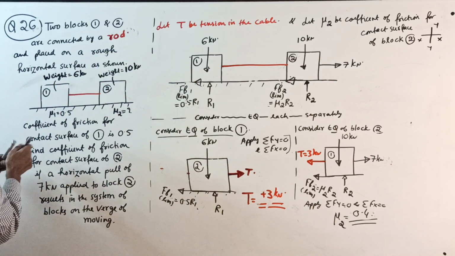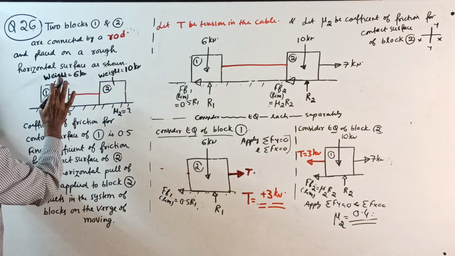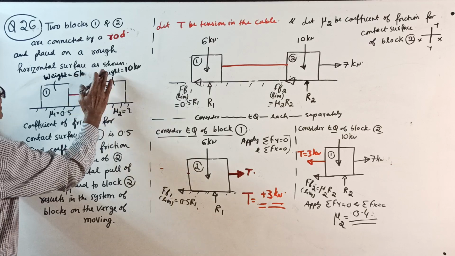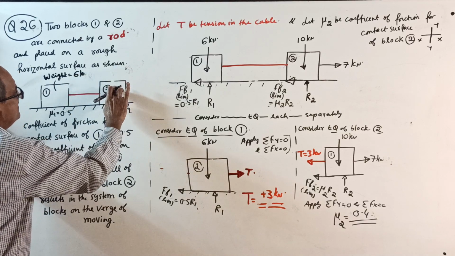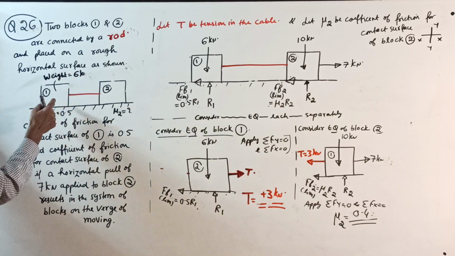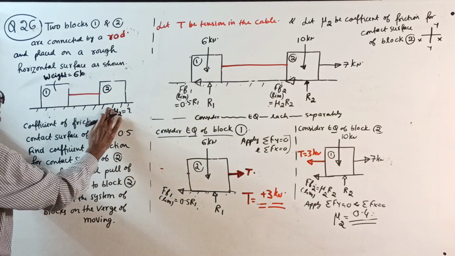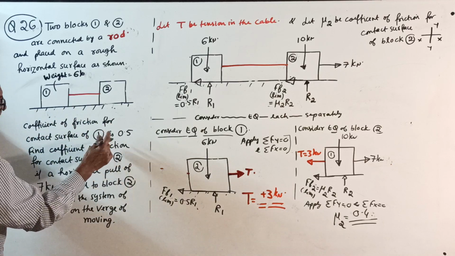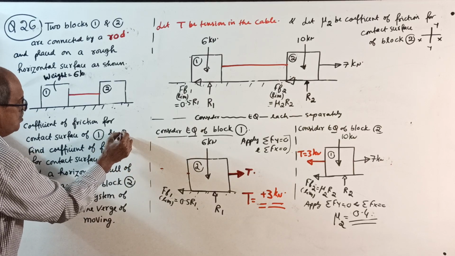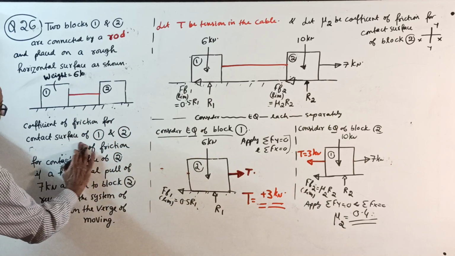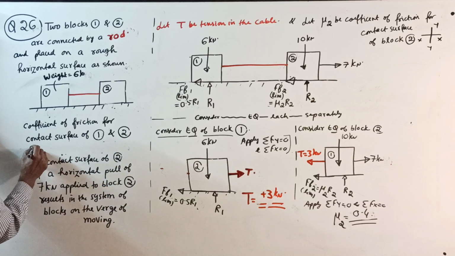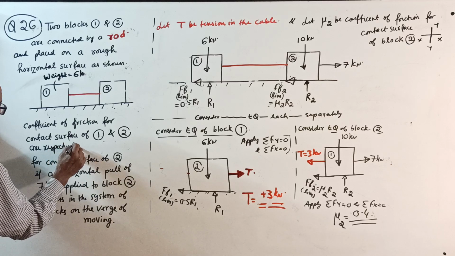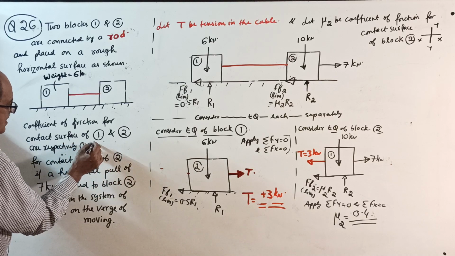As shown. Okay. Now, I will take this. This is 6 kilonewton, and the coefficient of friction for the contact surfaces of 1 and 2 are respectively, how much I told? 0.5 and 0.4.